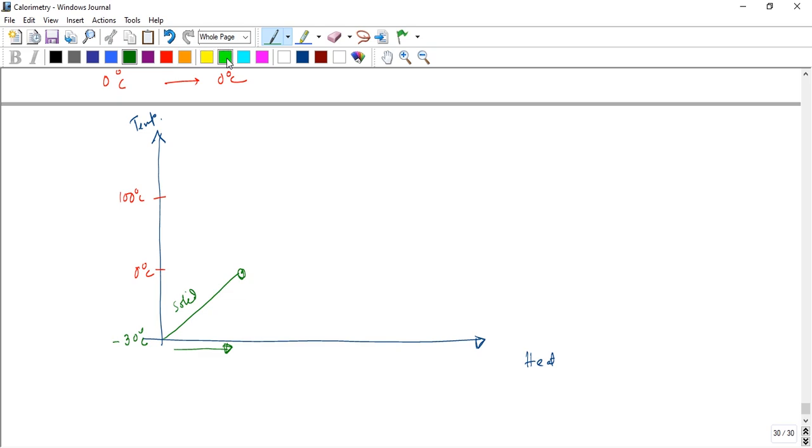But at this point here, very important, heat is increasing, but the temperature is constant. Temperature is not increased at that point.